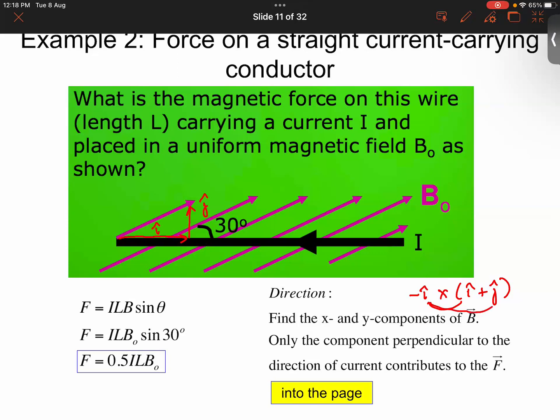Yeah, minus k hat means into the page. Good, right? So exactly the same strategy for getting the direction as you did in the moving charge direction, right?